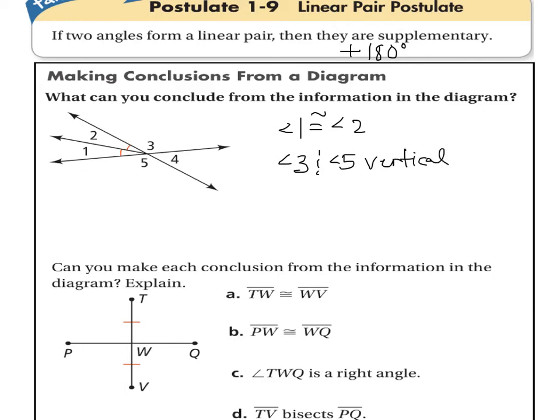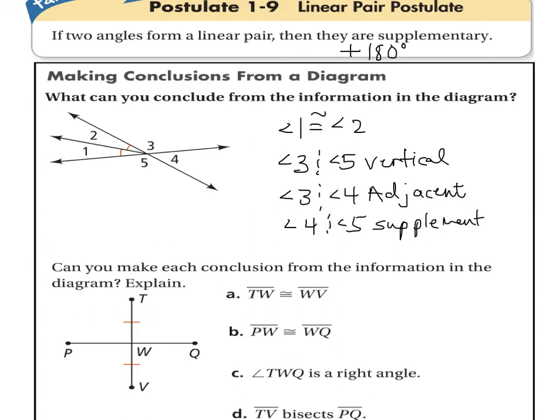I could say also adjacent angles. Angle 3 and angle 4 are adjacent. I could also say that angle 4 and angle 5 are supplementary. They're going to add up to be a straight line, add up to be 180 degrees.